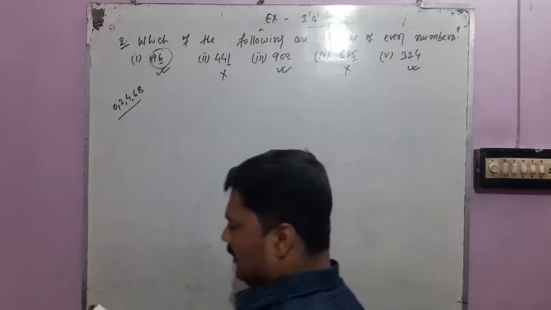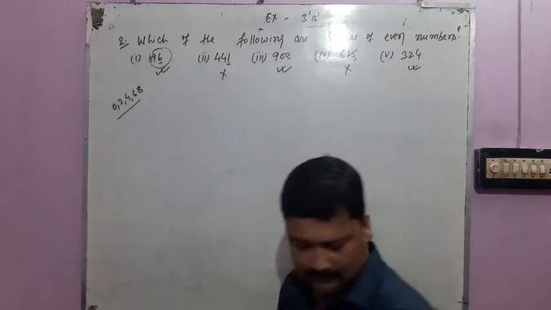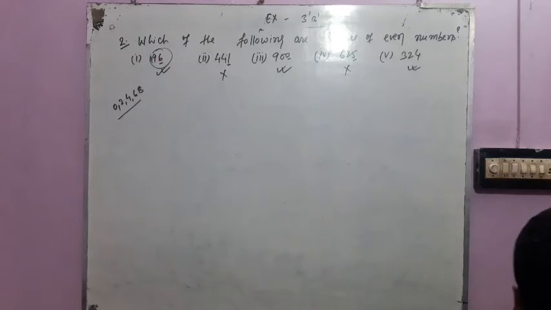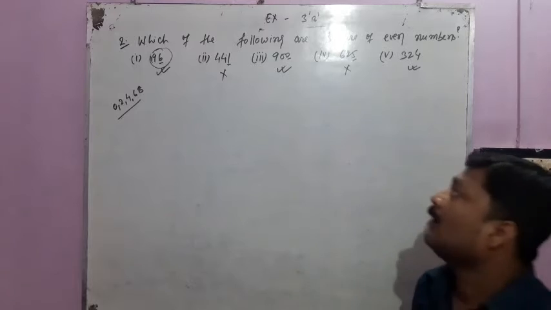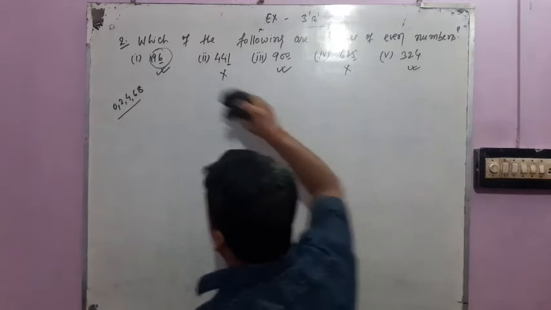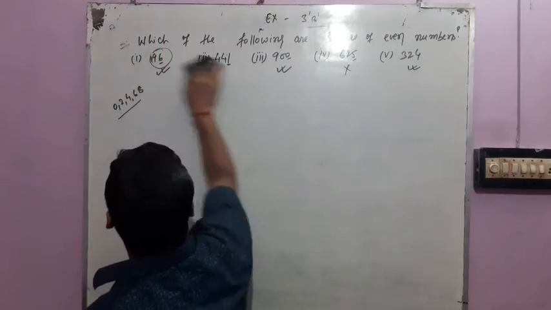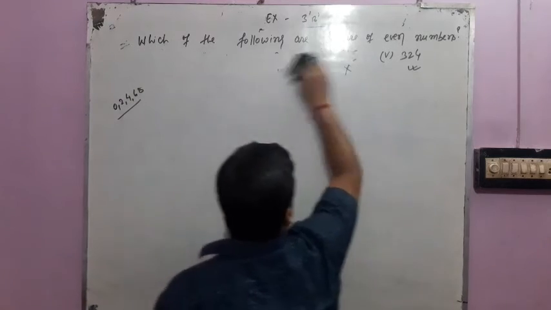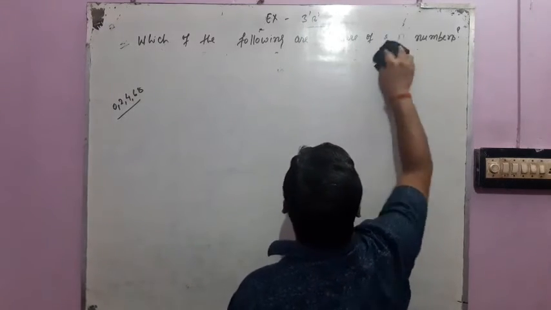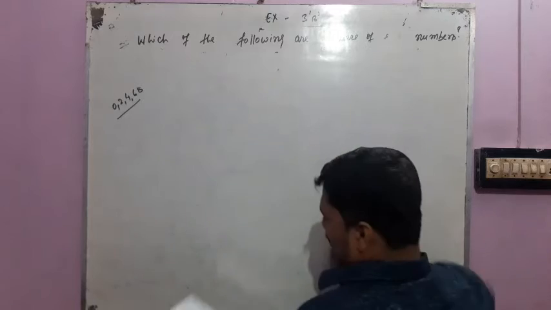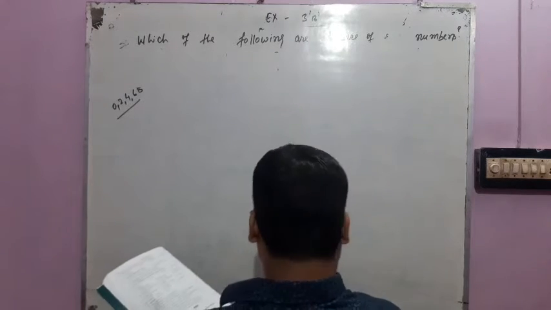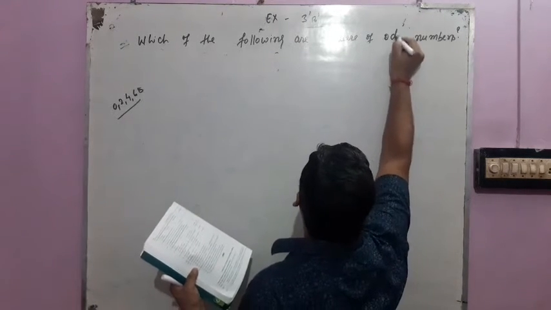Similarly, in question number 3, which of the following are squares of odd numbers?